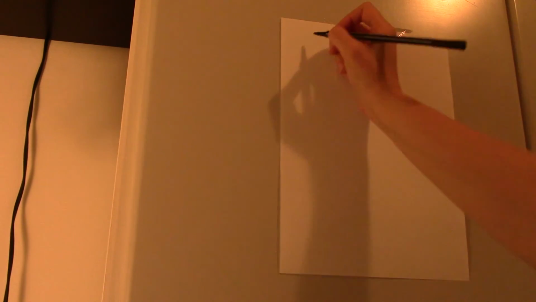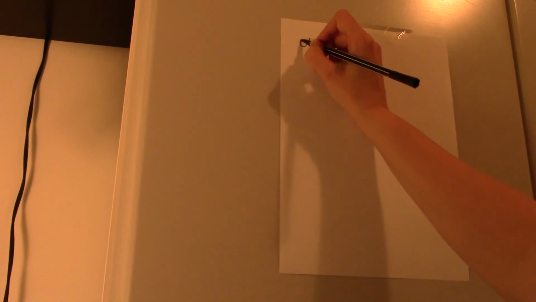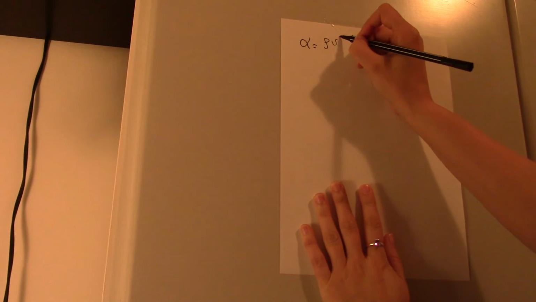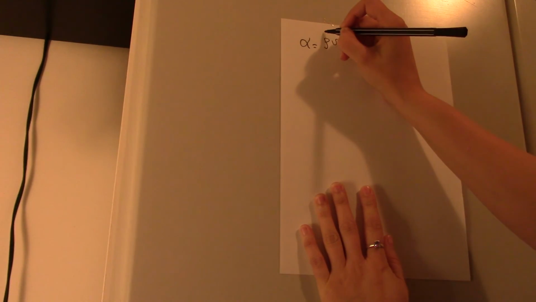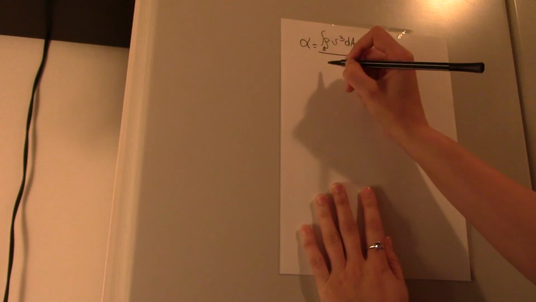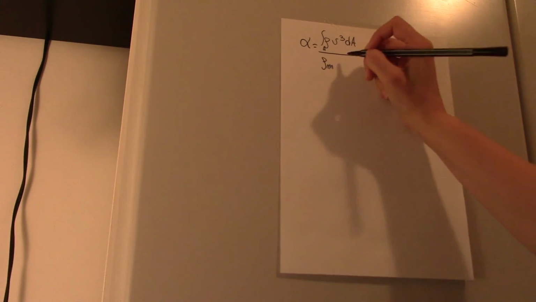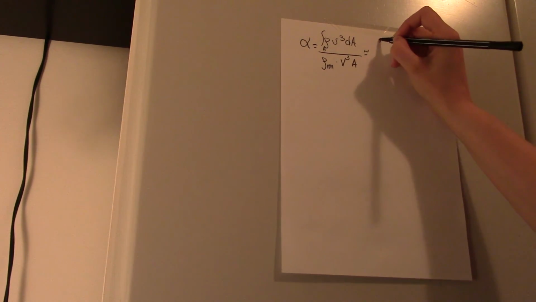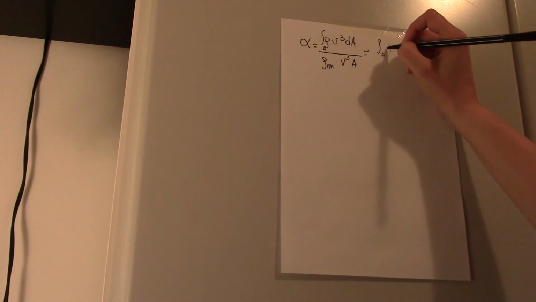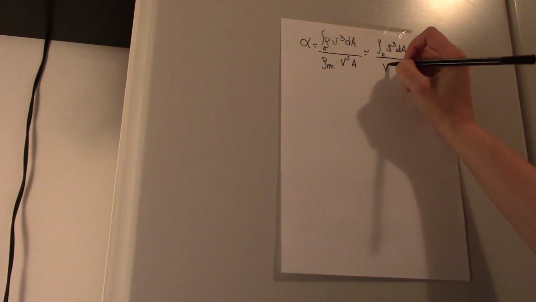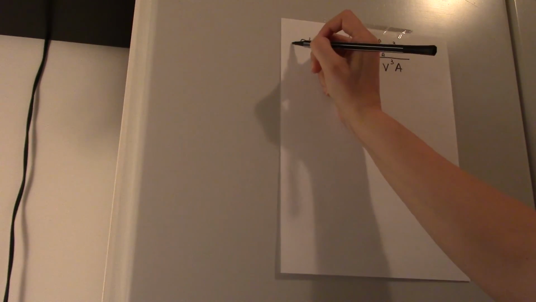We started to say that alpha was equal to the integral over the area of rho v to the power of 3 dA over the average value of the density times the average velocity to the power of 3 times A, which again was equal to the integral over the area of v to the power of 3 dA over v to the power of 3 times A. So this was our starting point.